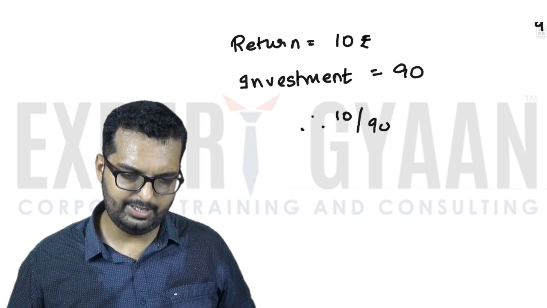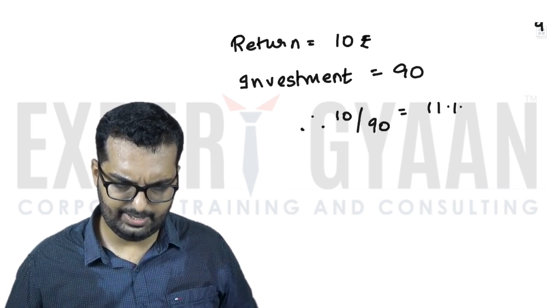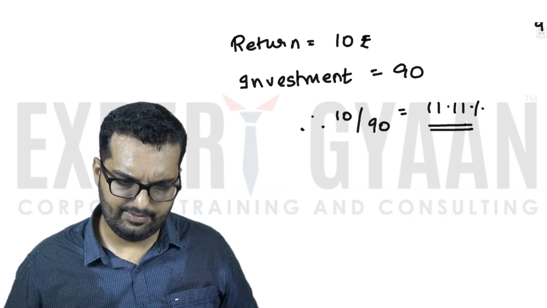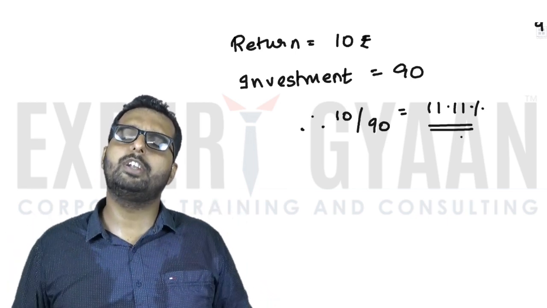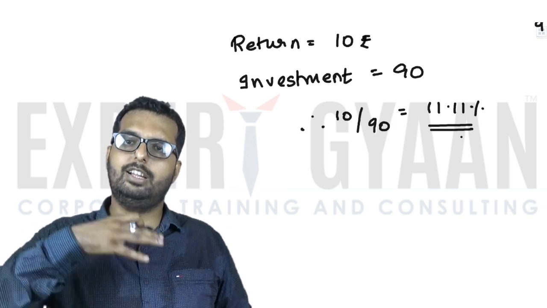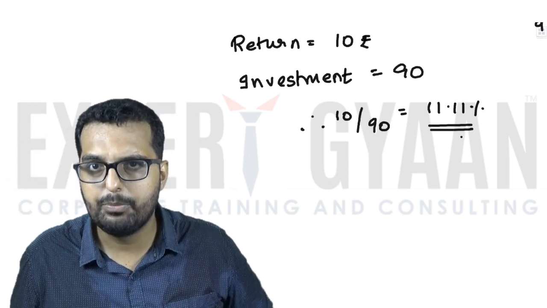Therefore, 10 divided by 90, I get the answer as 11.11%. 11.11% is the return that an investor is getting if they invest in the bond.